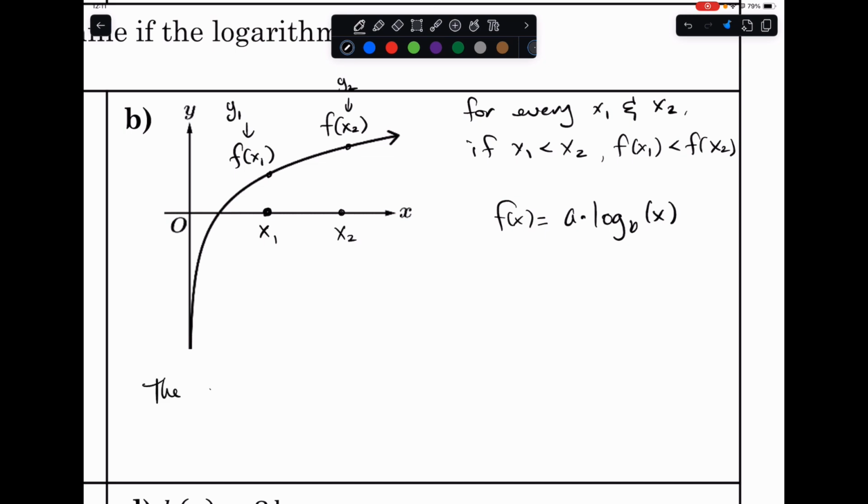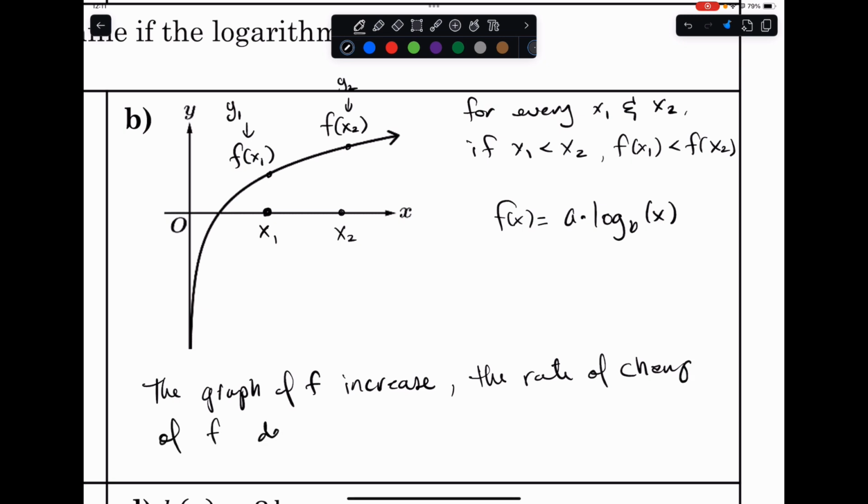So while the graph of f increases, the rate of change of f decreases because it's concaving down.